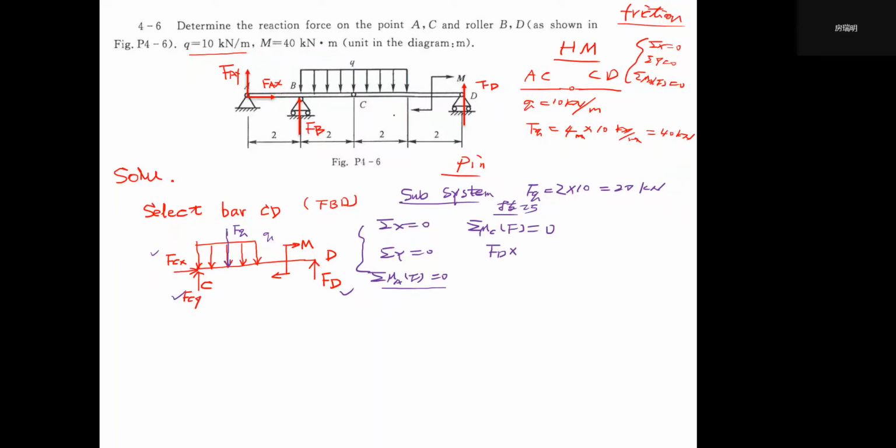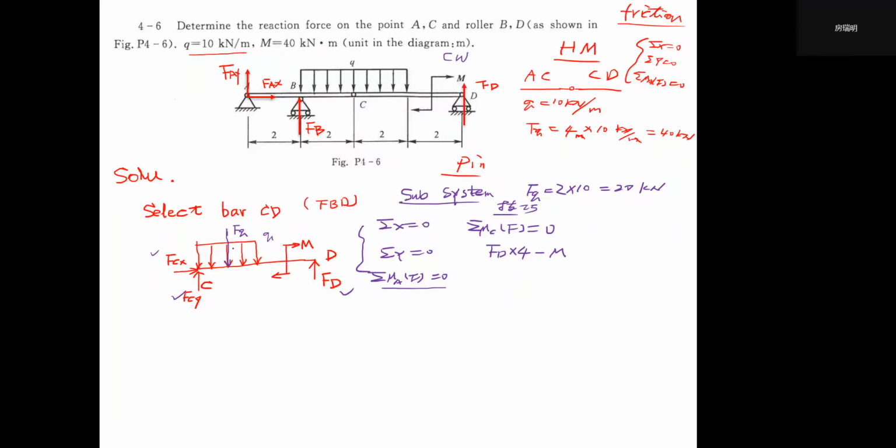So we have FD times the whole length, 4 meters. It will have a CCW moment about point C. And this M is an active moment along the CW direction, so it will be negative. So we minus M, whose magnitude is 40 kilonewton meters.